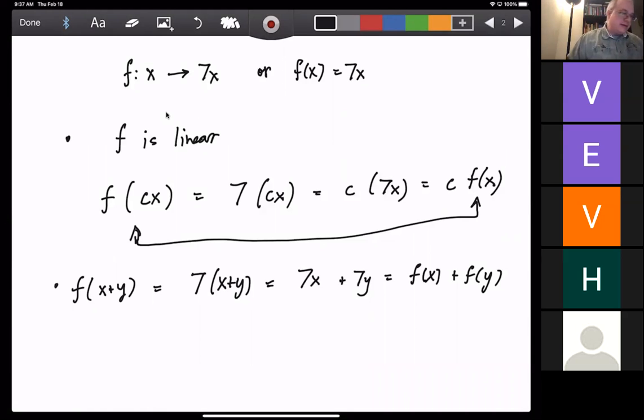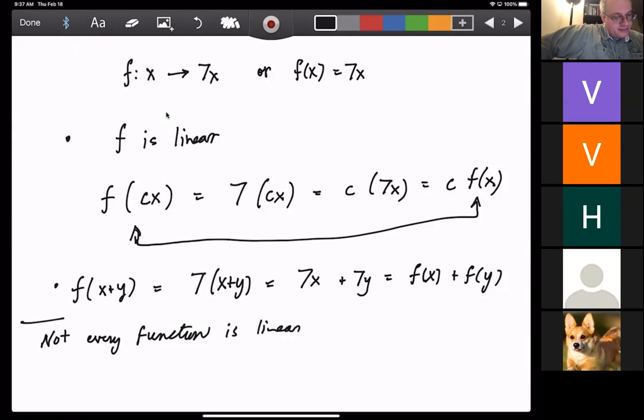Now, not every function, of course, is linear. So if we look at another function, let's say g of x equals x squared. Well, what's g of c times x? It would be cx quantity squared, which is c squared times x squared.